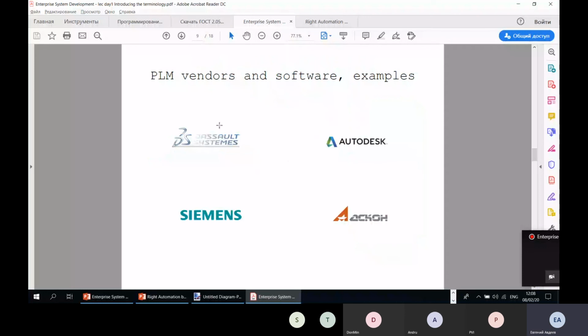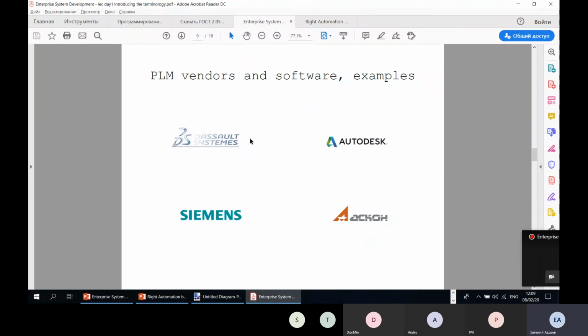And here are some so-called PLM instruments, product lifecycle management. I don't know, maybe you're familiar with these companies, maybe not, but Dassault Systèmes has their PLM instruments.